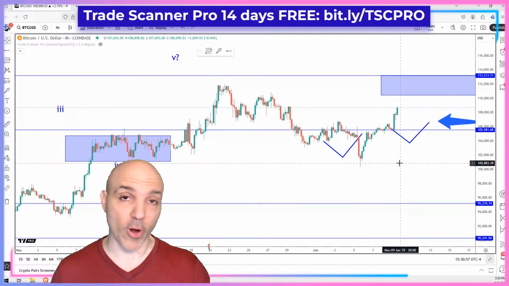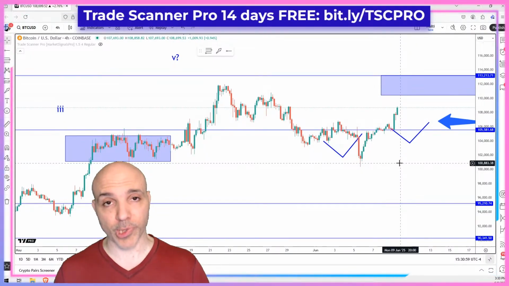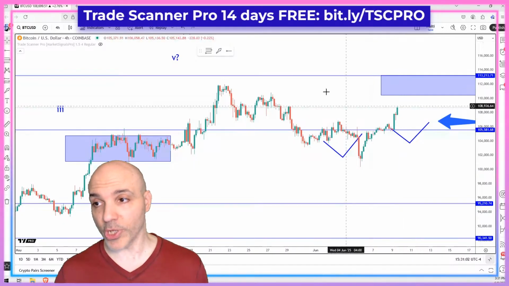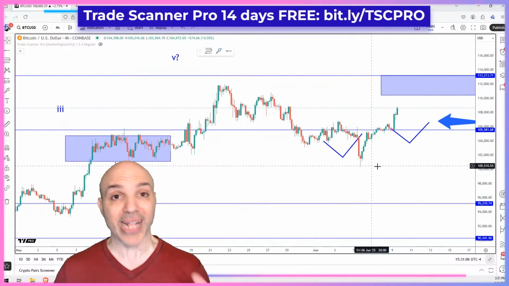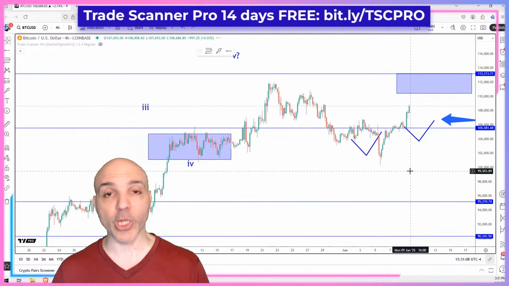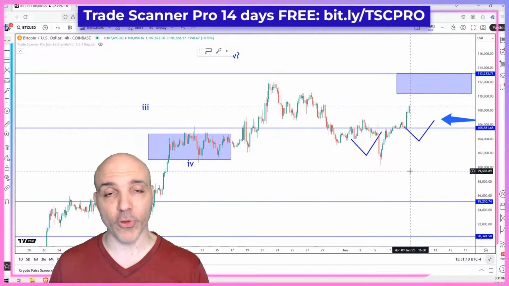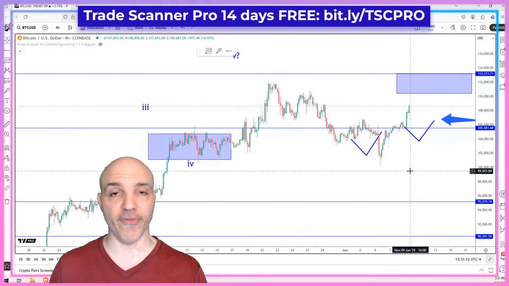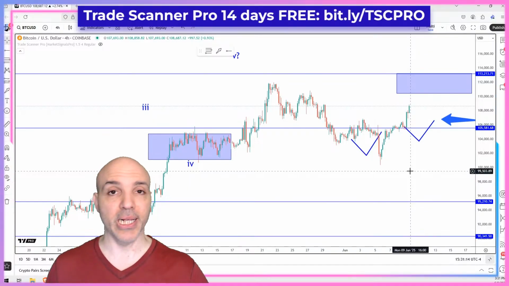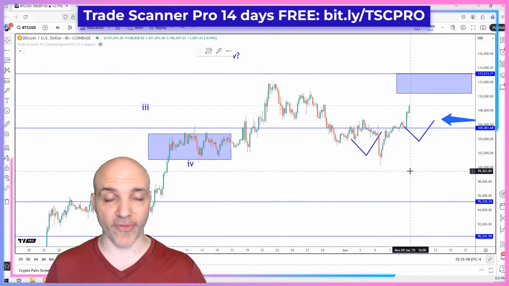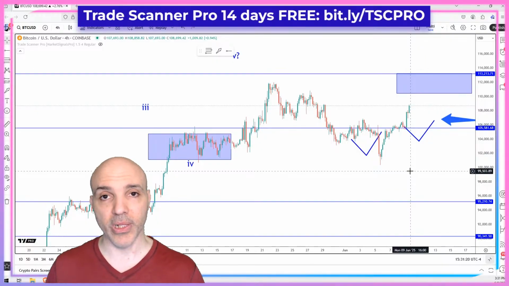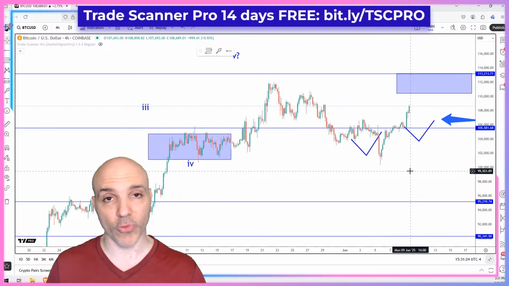If you're going to buy the pullback, wait for a steep pullback, which theoretically should go lower than this low right here. So you're much better prepared if you know this. If we're in 5 waves and this thing pulls back, then I'm not buying a pullback, because usually the 5th wave means the party's over. So you're more likely to see a steeper correction or a longer corrective type of move.